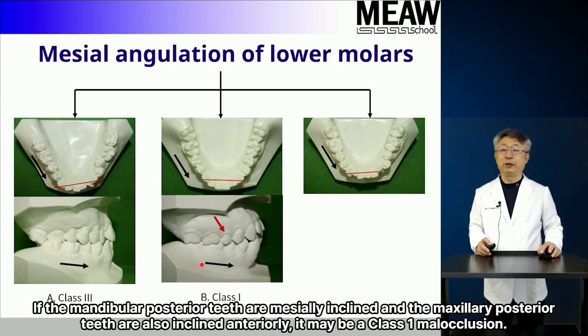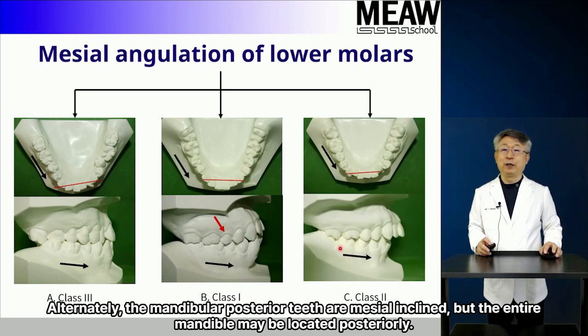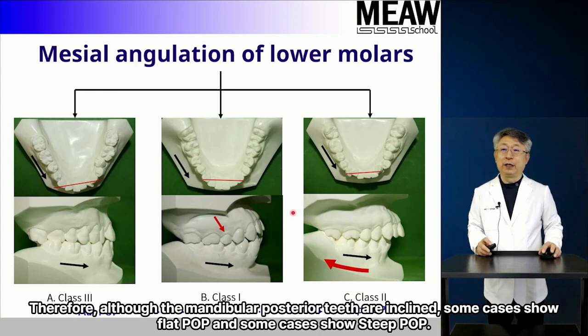If the mandibular posterior teeth are mesially inclined, and the maxillary posterior teeth are also inclined anteriorly, it may be a class 1 malocclusion. Alternatively, the mandibular posterior teeth are mesially inclined, but the entire mandible may be located posteriorly. Therefore, although the mandibular posterior teeth are inclined, some cases show flat POP and some cases show steep POP.